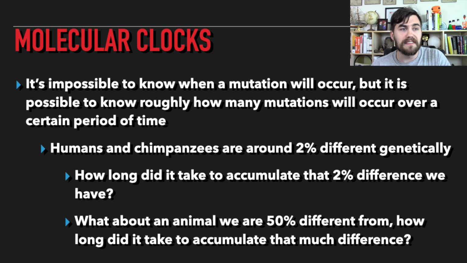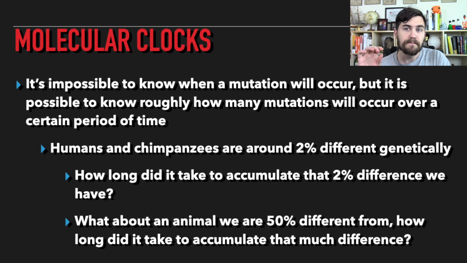So for example, humans and chimpanzees, we are around 2% different genetically. We share 98% of our genes. Well, a question that biologists want to know is, how long did it take to accumulate that 2% difference that we have? And what about an animal that we are 50% different from? How long did it take to accumulate that much difference?